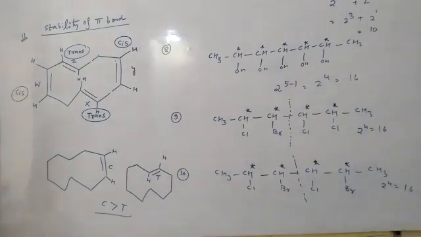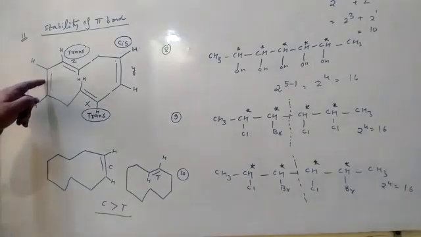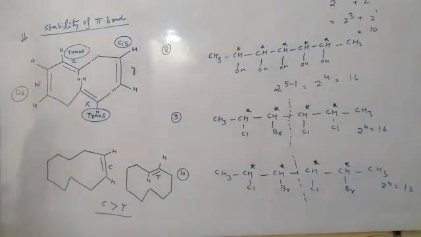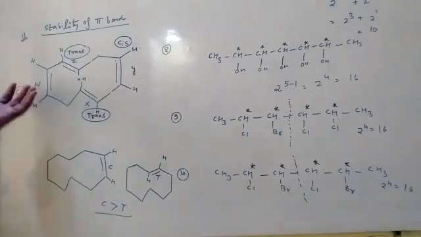Definitely W, because this has resonance: double, single, double. But sir, even Y is also in conjugation with X. Yes, so the idea is one will be in conjugation and one will not.